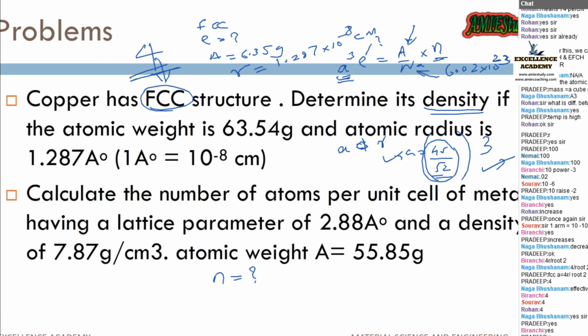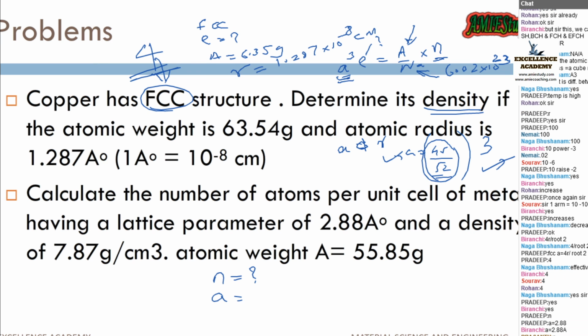Next is, per unit cell of a metal having a lattice parameter of 2.88 angstrom. What will you have to write? Yes, a equals, don't forget to write the unit, 2.88 angstrom.